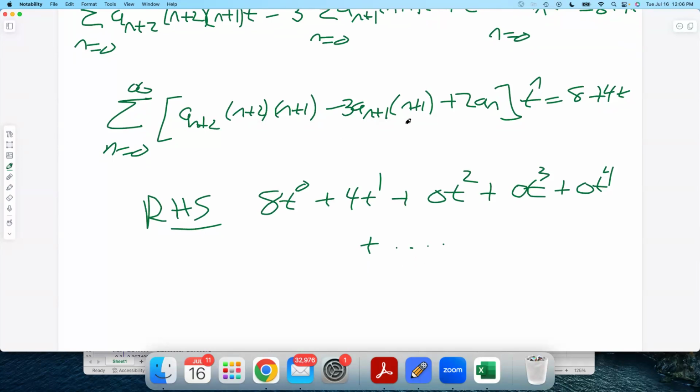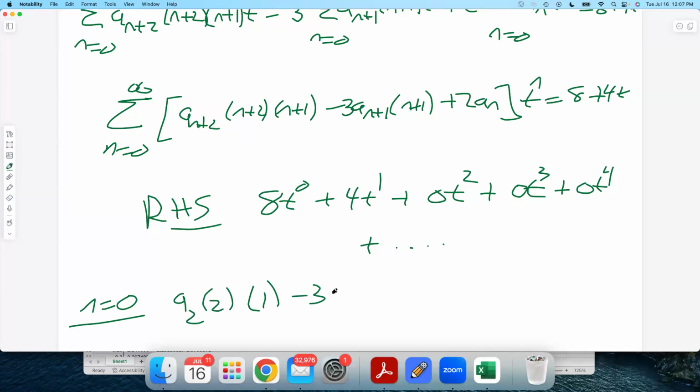Okay, so I'm going to start plugging in n equals 0 into this left-hand side for all my n's, and that will give me my t to the 0 term. So that would be what? a2 times (0 plus 2) times (0 plus 1), minus 3 a1 times 1, plus 2a0.